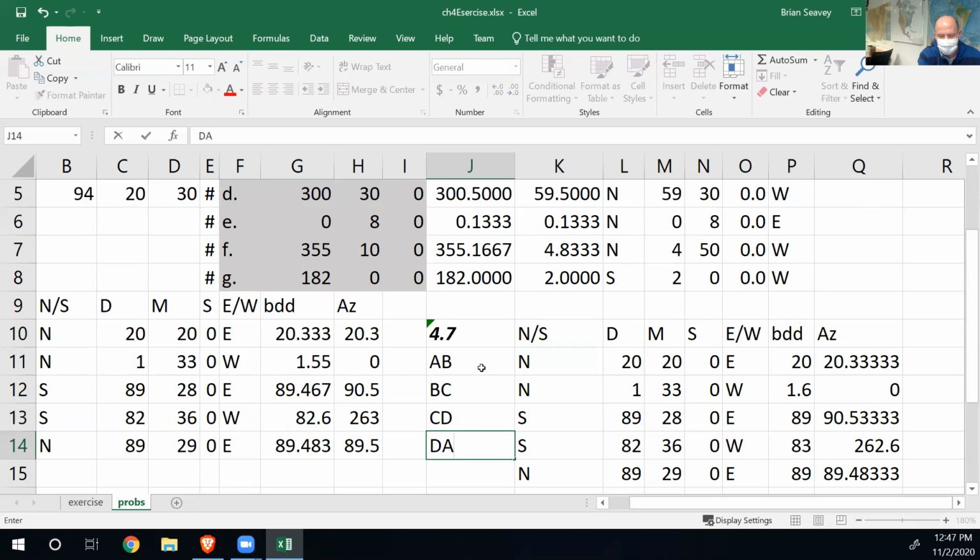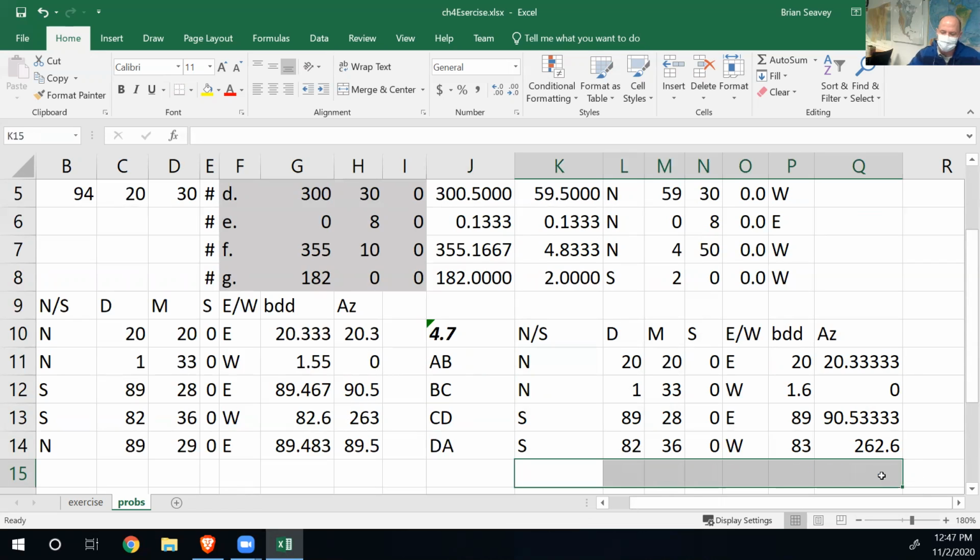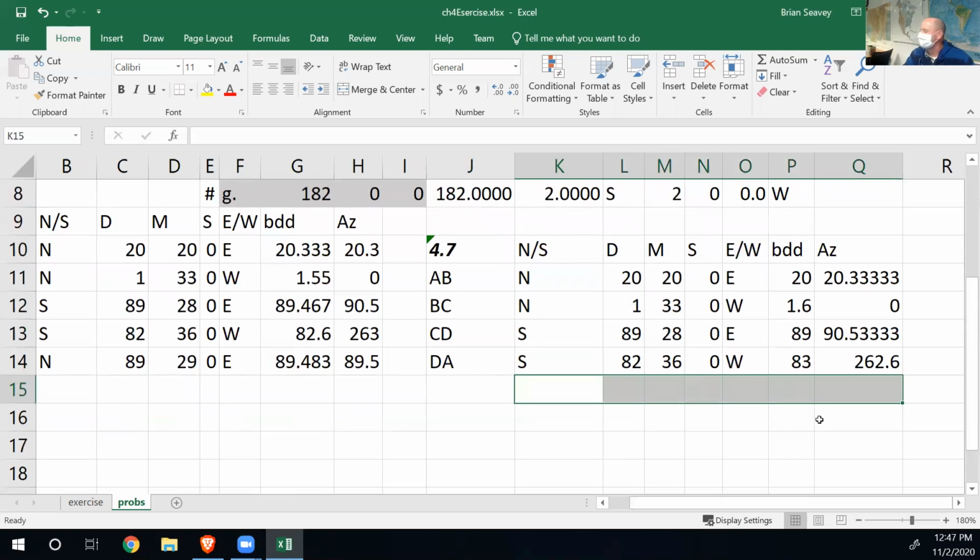I don't need this bottom row. Okay, so far so good. And I'll just type in the new numbers, right?